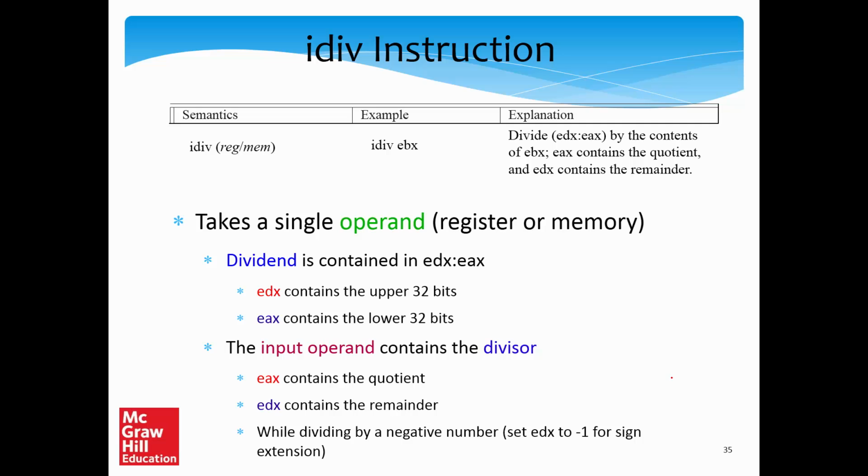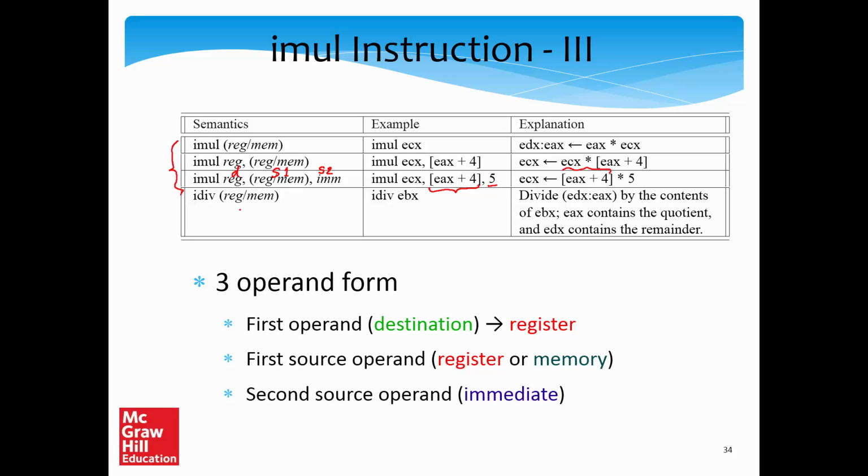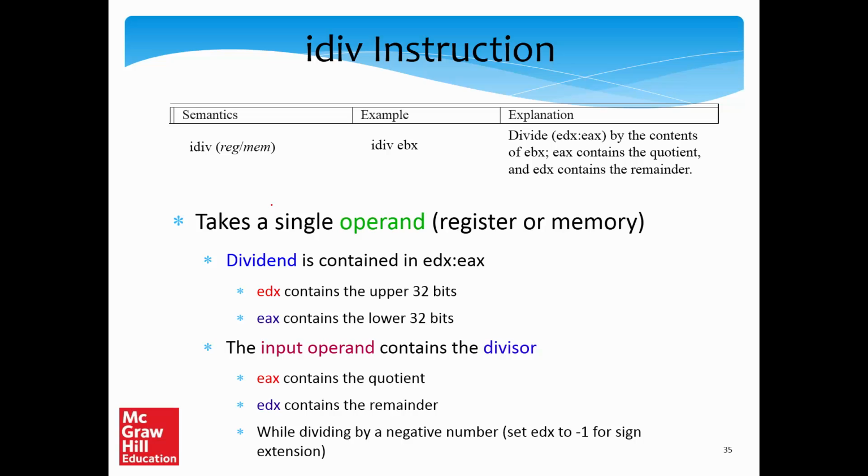Alright, let's take a look at the IDIV instruction, which is definitely complicated. As you see, the IDIV instruction takes a single argument, and this is exactly what we'll expand in the next slide. The integer divide instruction is complicated, and we shall see why.